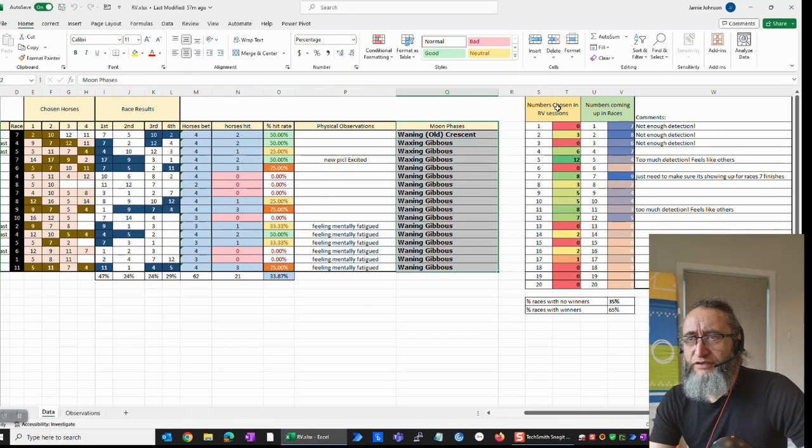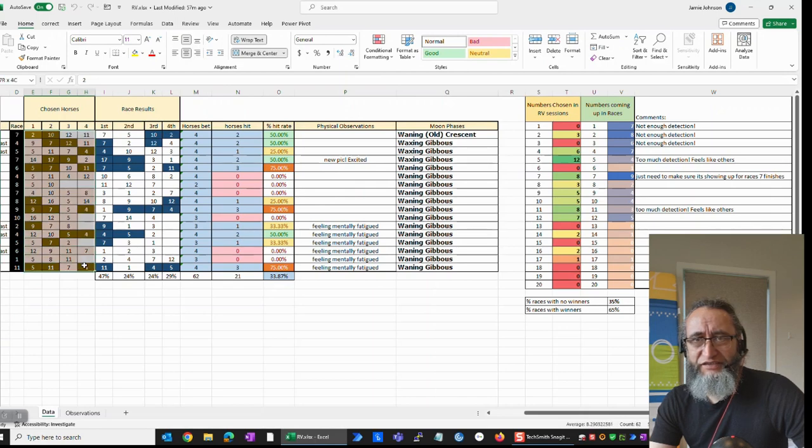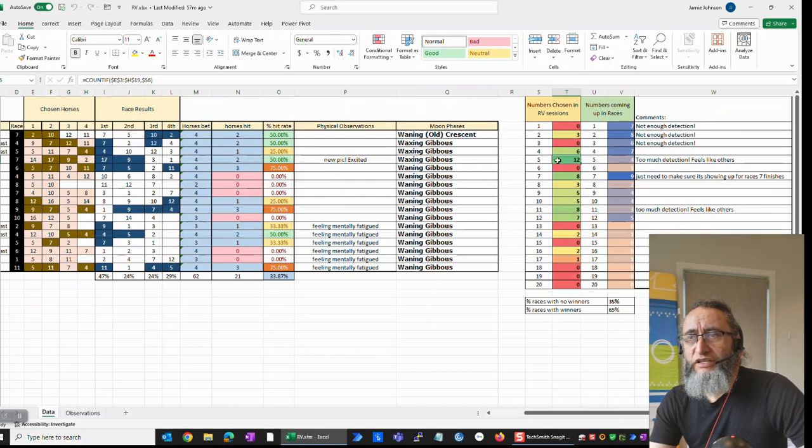So this charts which numbers I actually chose the most and least of, and it puts the most at green and the least at red. What we can see is I chose 5 12 times. Way too much. How many times did it actually come up?